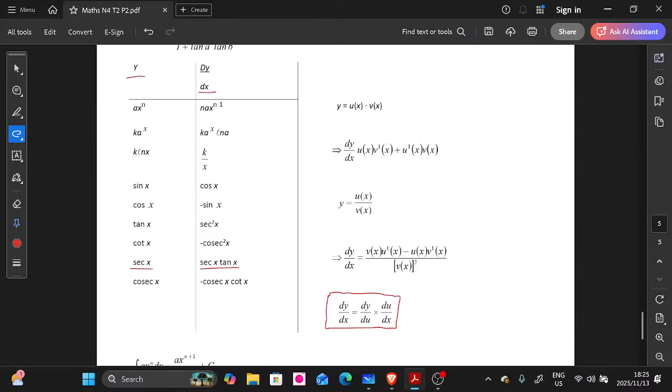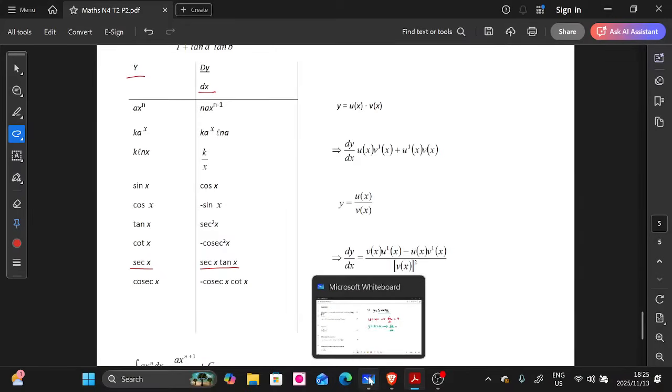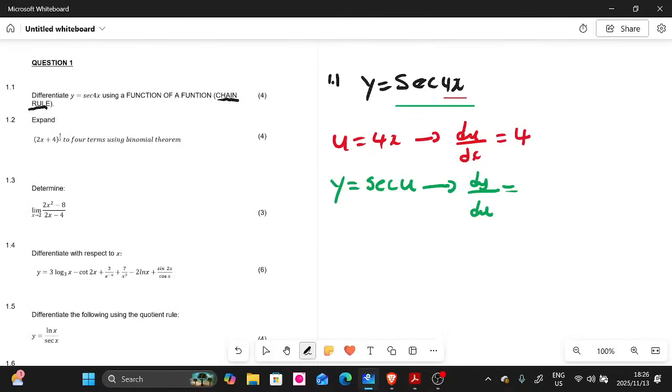So let's go back, guys. The derivative of sec u from our formula sheet is going to be sec u multiplied by tan u. Remember, we don't use x because instead of x there, we have u.